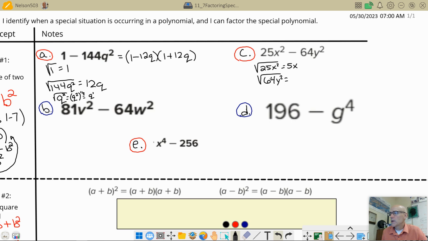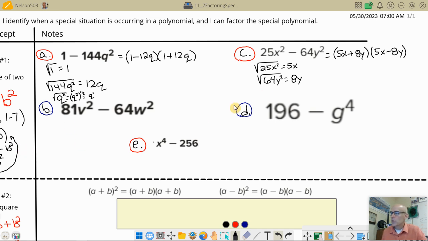So what do I get? I get 8y. Okay, so what do I do next? I go 5x. It doesn't matter if you go the plus first or the minus first, but you need 5x plus 8y and a 5x minus 8y. You need a plus and a minus, because that's how you're going to get the middle term to cancel out, as I showed you right over here in our notes.